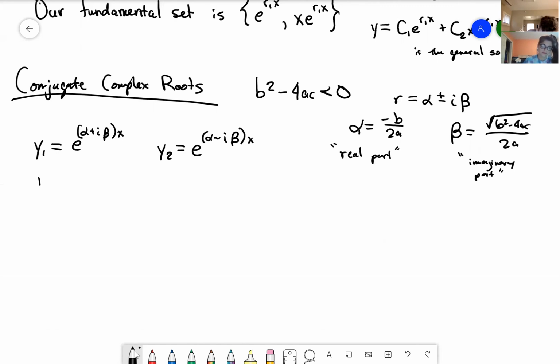The problem is, how do we deal with complex exponentials? Okay, that is a problem for a class where we don't presuppose that the student has a lot of exposure to complex numbers.